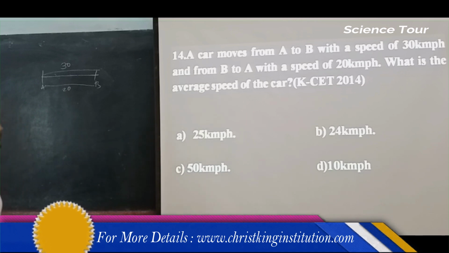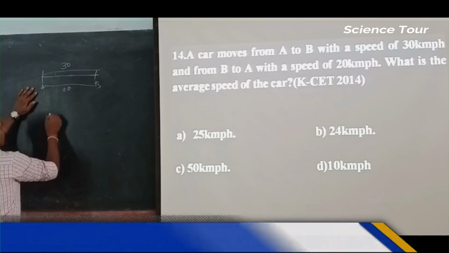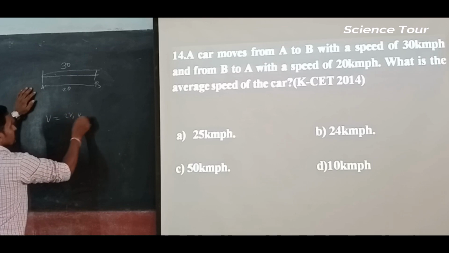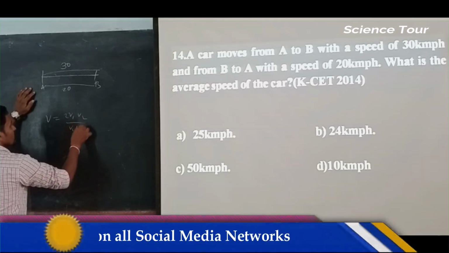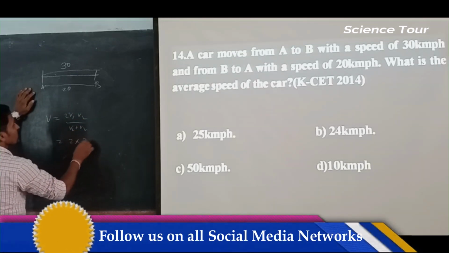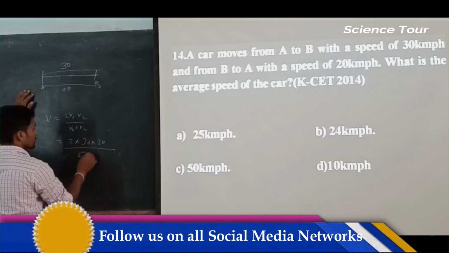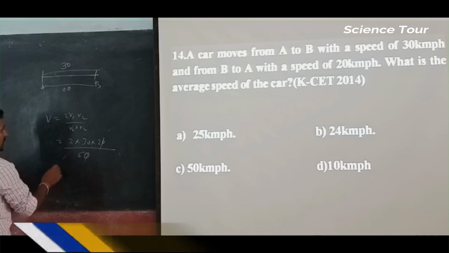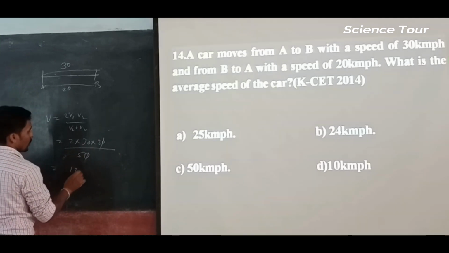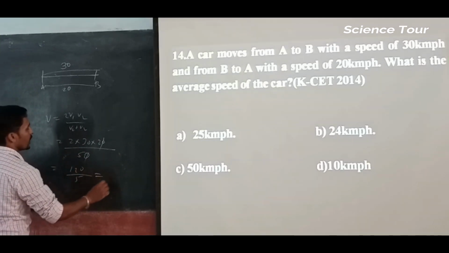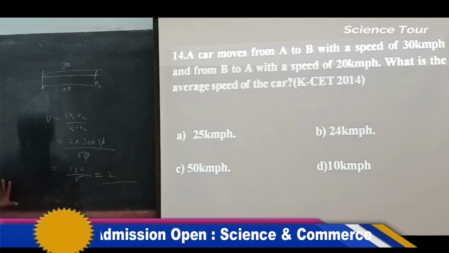What is the average speed? In this case, V is equal to 2V1V2 divided by V1 plus V2. 2 into 30 into 20 divided by 30 plus 20, which is 50, 10 goes here. So 120 divided by 5, how much?